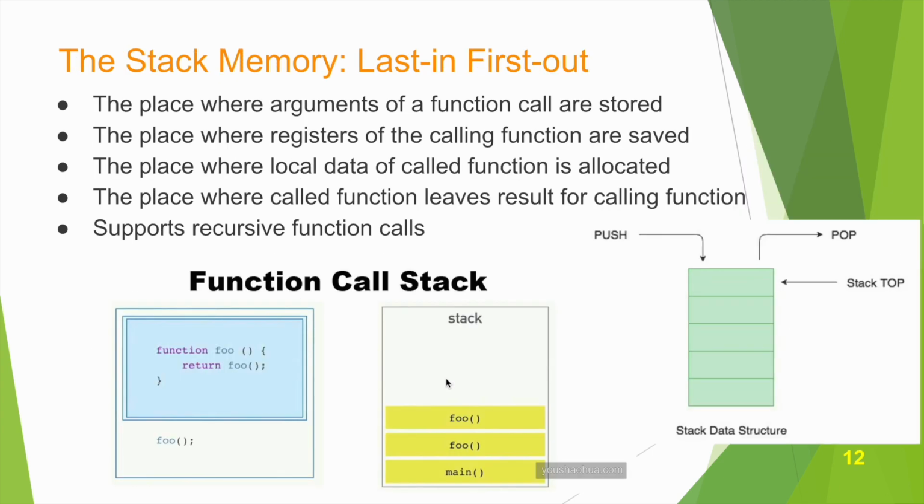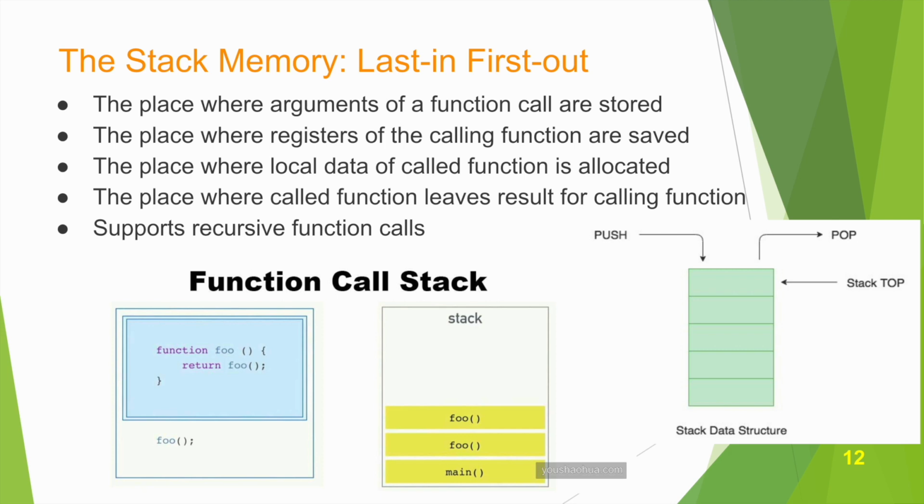Stack memory uses last in, first out, which is a memory access technique that the stack data structure uses. Let's see what kind of things are placed inside a stack. The arguments of a function call are stored within a stack.